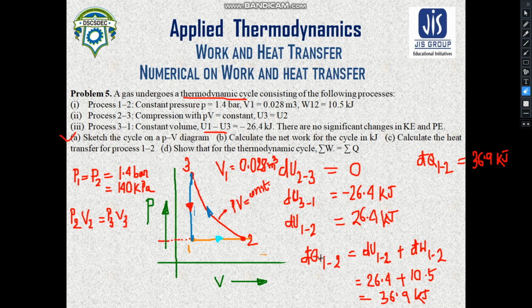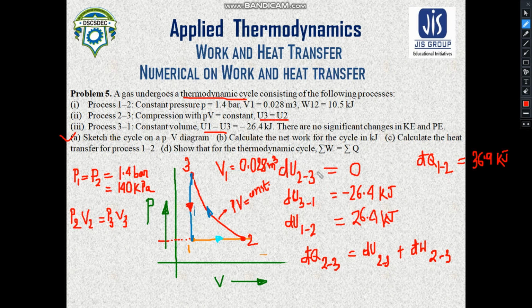So now let us apply this equation to the next thermodynamic process. I am just going to change this subscript so that it consumes less time here. So it will be 2 to 3, it will be 2 to 3, and it will also be 2 to 3. Now it is already given that u3 is equal to u2.